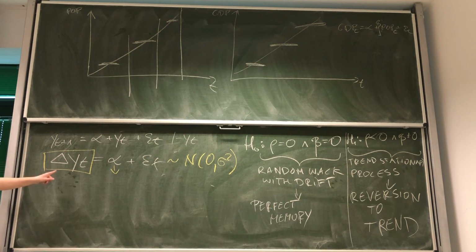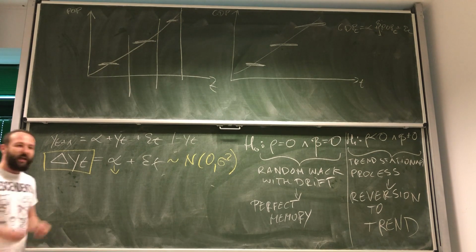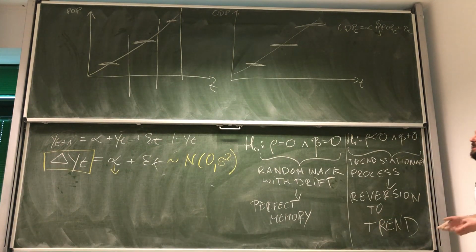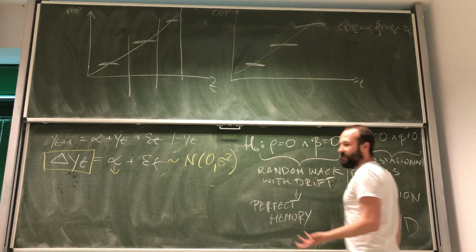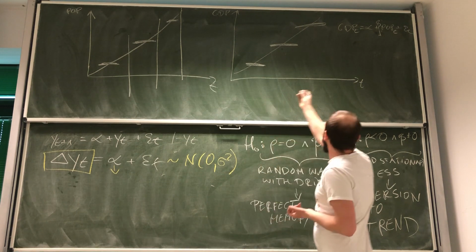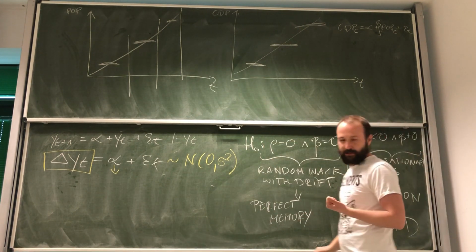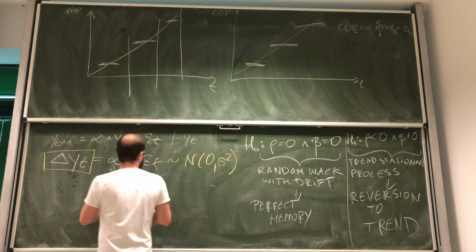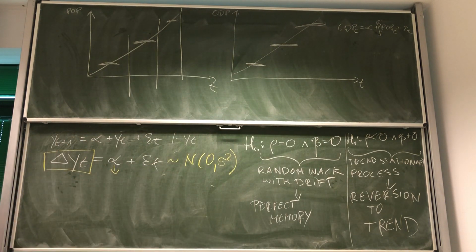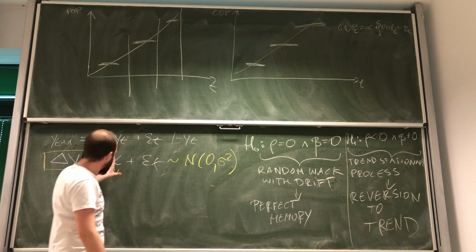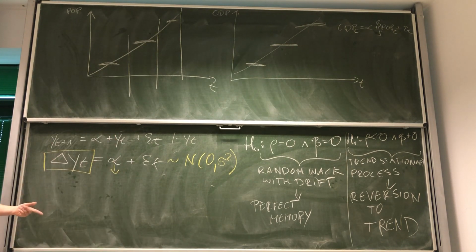Definitely, this is the way to go. So look, if it turns out that a given variable is represented by random walk with drift, the best way to avoid the problem of spurious regression is by taking first differences. Because first differences will fulfill the conditions that we need. We have constant mean, constant variance.